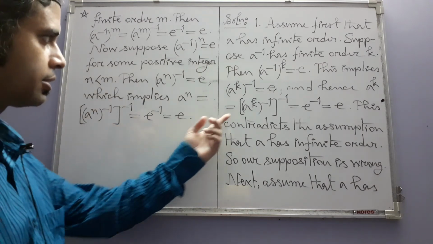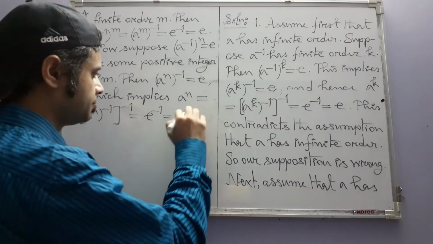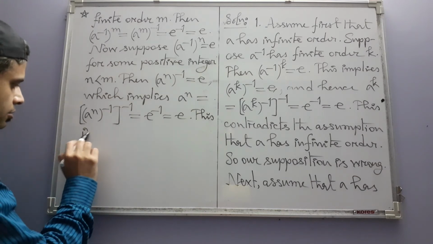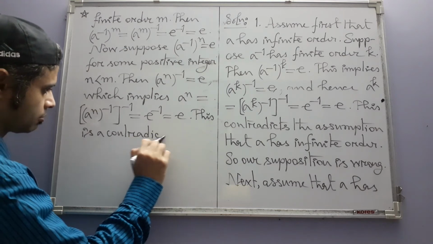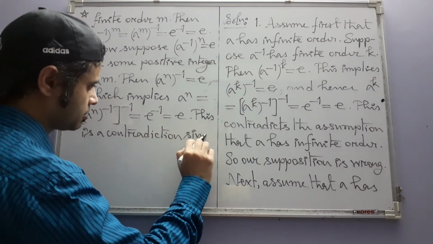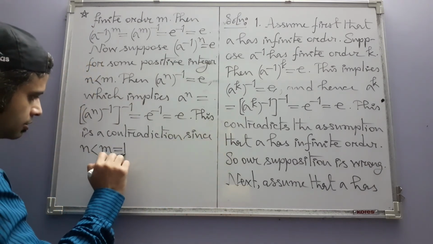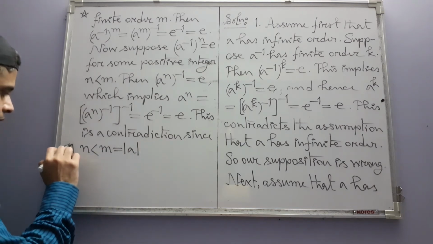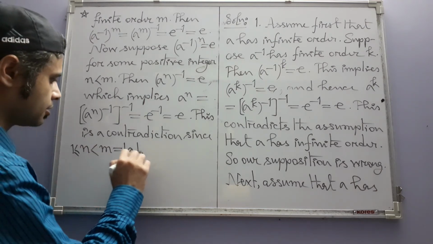This calculation is just like this one, but this is a contradiction. This is a contradiction since n is less than m, which is the order of a, and at the same time let us also mention that n is a positive integer according to our supposition.